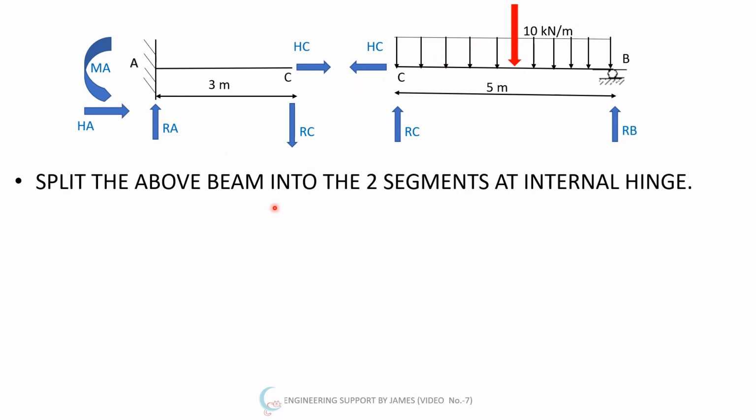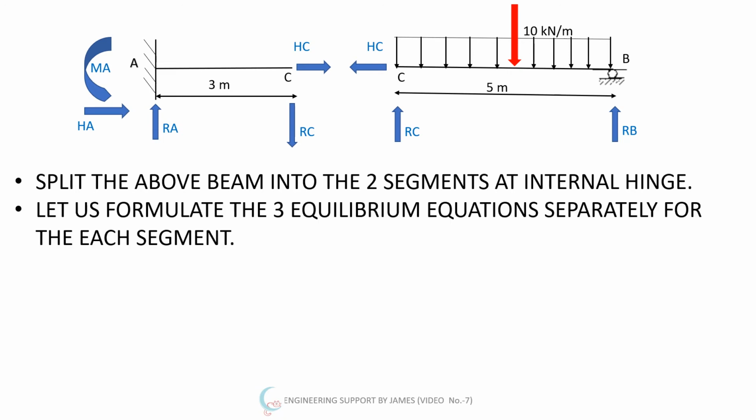So we are splitting the whole beam into two segments at internal hinges. Please remember this sign convention. RC would be downward at the left hand side of the internal hinge, and at the right hand side of the internal hinge it will be upward.